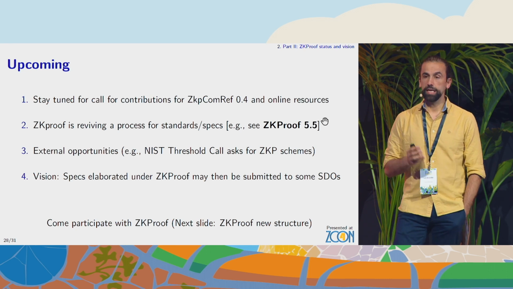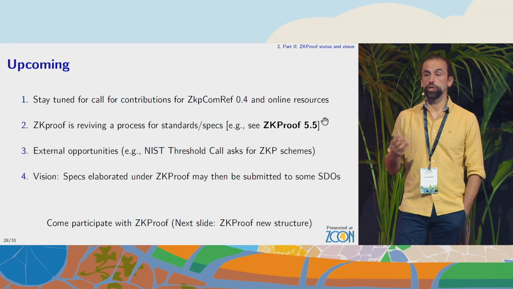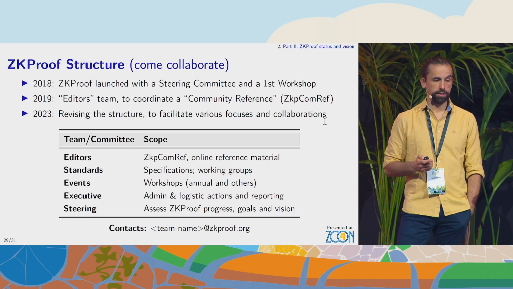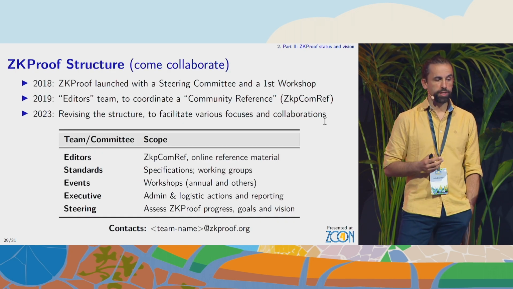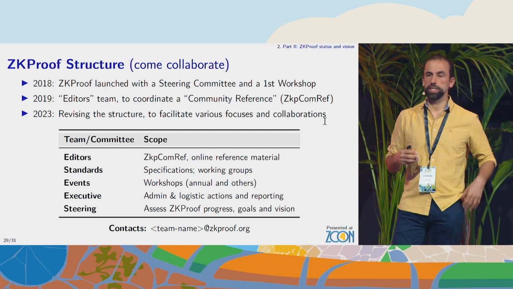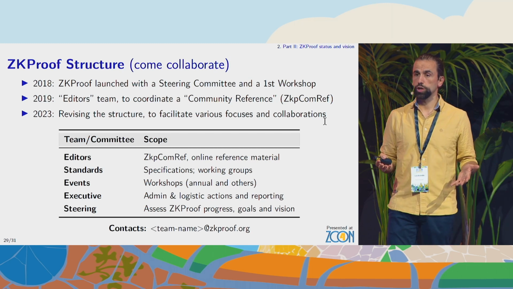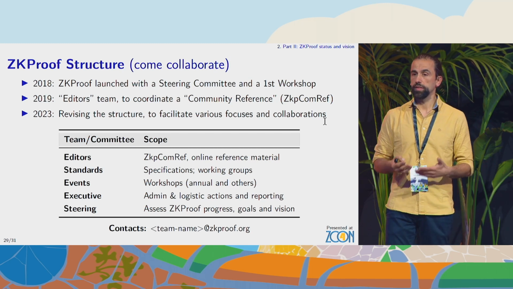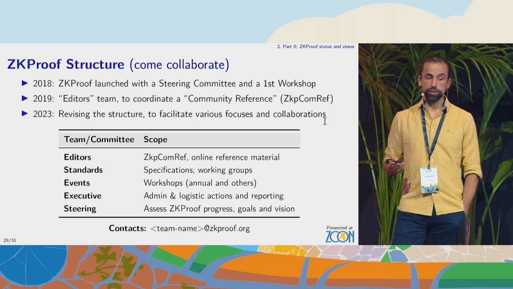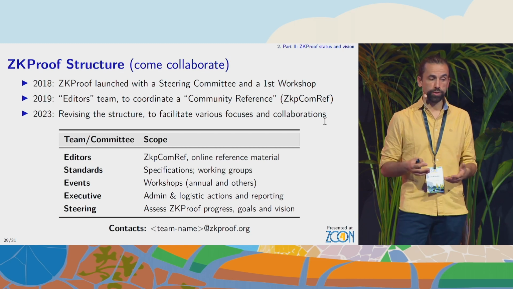And having said that, I just want to show a slide that shows the new ZKProof structure that has just been discussed recently between several ZKProof members. And just to give a very brief historical remark, ZKProof started in 2018, basically with a steering committee in the first workshop. Everything other than that was pretty informal. In 2019, there was the need to create an editors team to concentrate around this idea of creating a community reference.